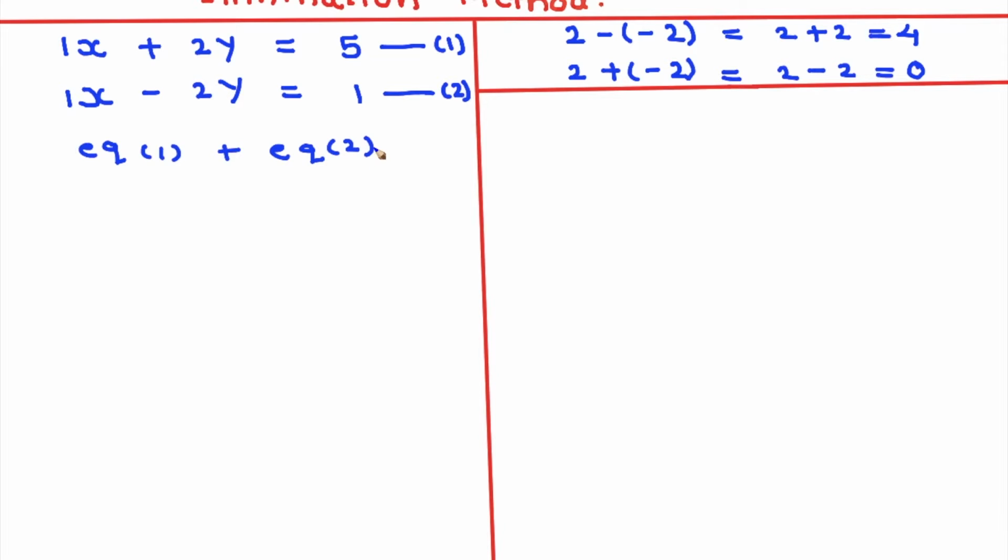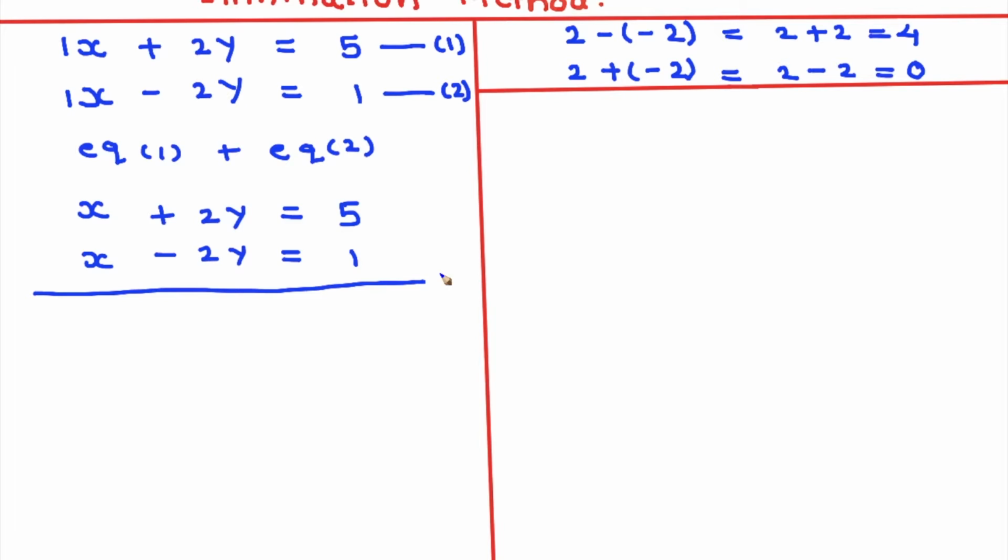When we add them, let me write them one below another again. Here we have x plus 2y equals 5, and the second equation is x minus 2y equals 1. Writing them one below another helps in addition, and it helps even more in subtraction. Let's keep the method the same all the time. We'll always write the two equations one below another.